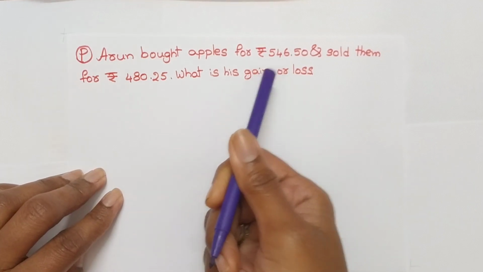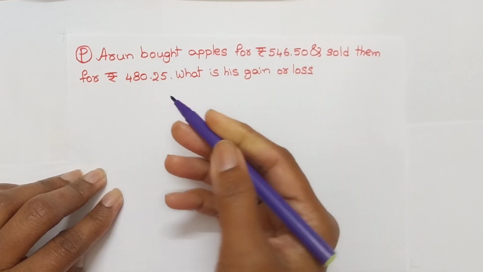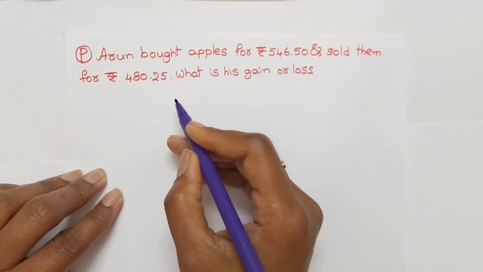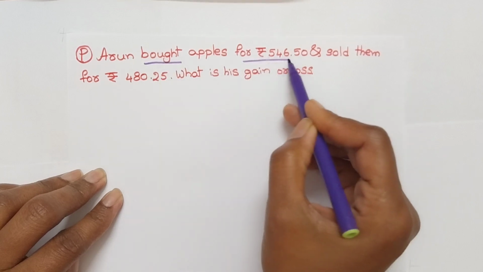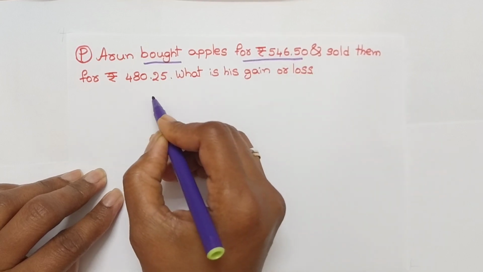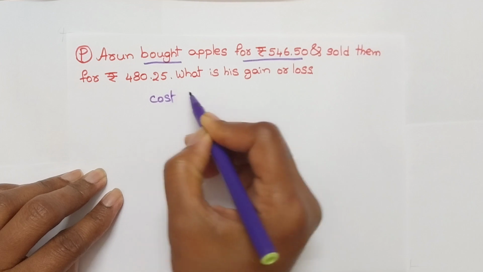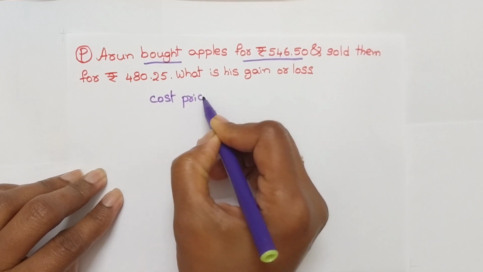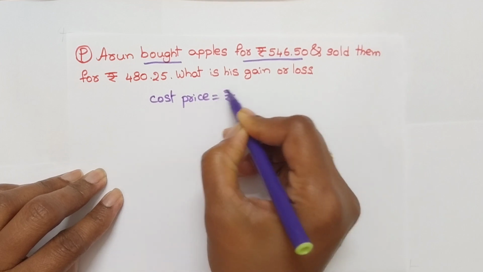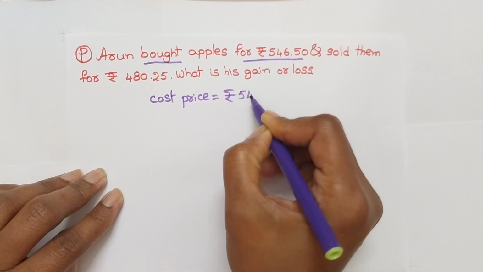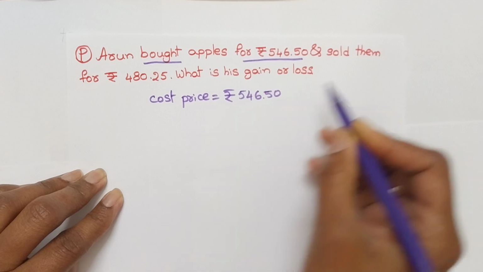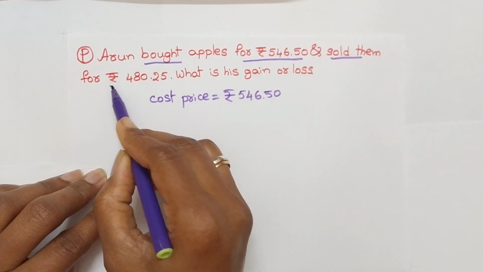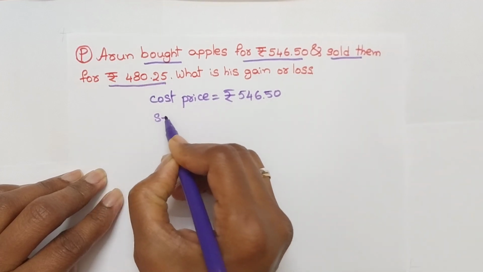To find out whether it is gain or loss, first we need to check cost price and selling price. What is the cost price? Bought for rupees means cost price. Cost price is rupees 546.50. And sold for rupees means selling price.